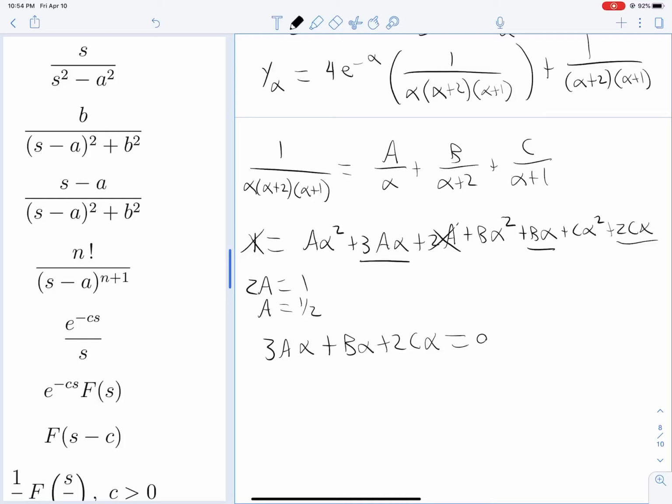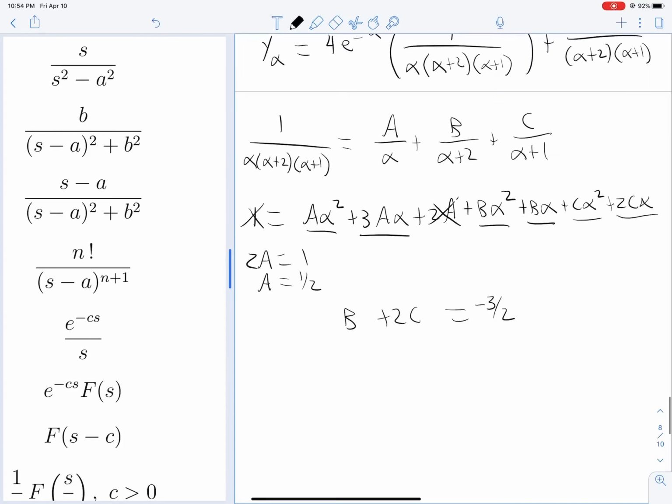We know that a is 1/2, so we can replace this with 3 over 2, divide all of our alphas out, and now we have something that we can work a little better with. Subtract a 3 over 2 over here, and we'll come back to this when we have another relation between B and C, which we can pull right out from here. We see that A alpha squared plus B alpha squared plus C alpha squared is equal to 0, or A plus B plus C is equal to 0, where A is 1/2, so B plus C is equal to negative 1/2.